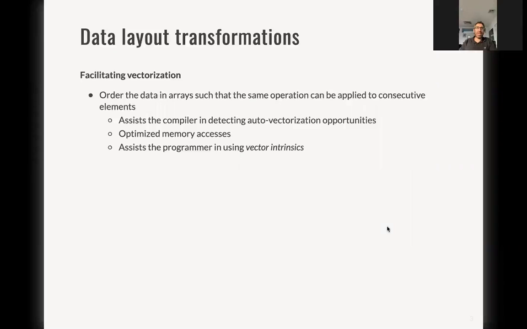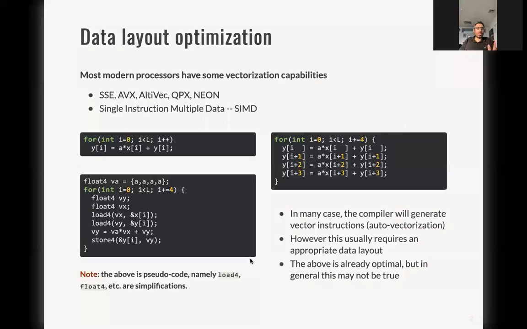Okay, so it would be trivial if we just did this as an exercise, because as I said, even if you don't do anything, you're probably already taking advantage of the vectorization.